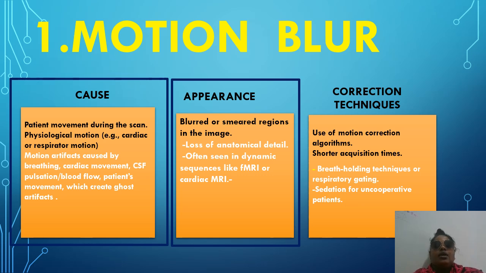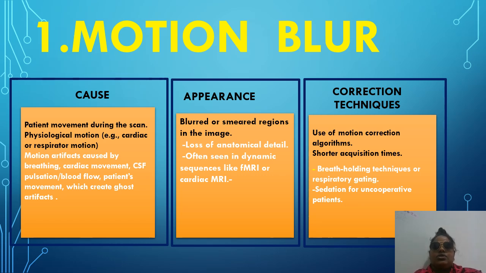Correction techniques. How do we correct the motion blur? Use a motion correction algorithm. Shorter acquisition time, so we make the procedure faster. And a breath-hold technique or respiratory gating.